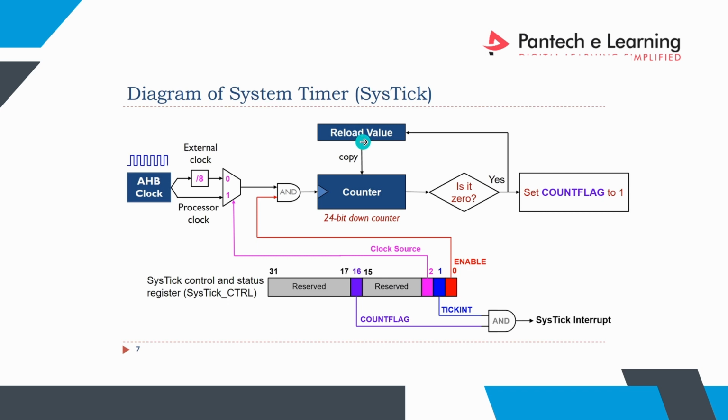When it counts down from 15 and reaches 0, it is going to set our count flag to logic 1. So we are going to read it. The time frame from 15 to 0 is 1 microsecond, so every 1 microsecond it is going to create a tick.